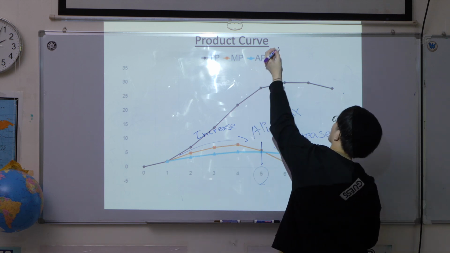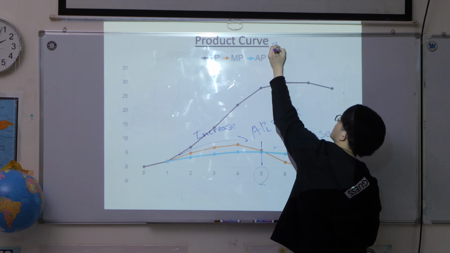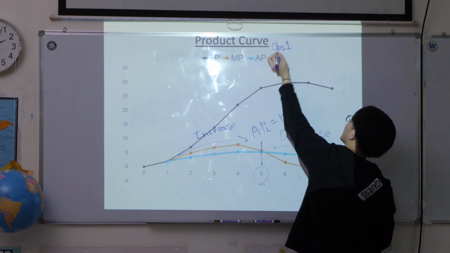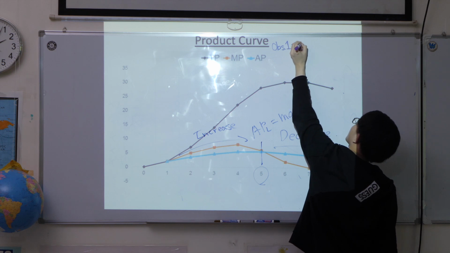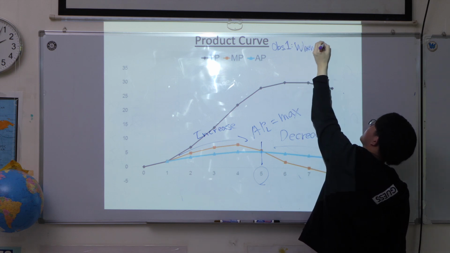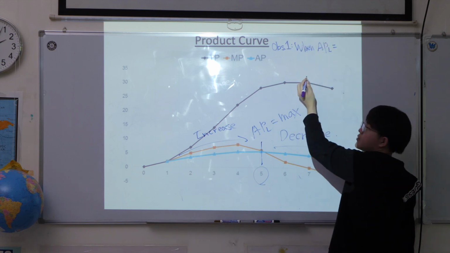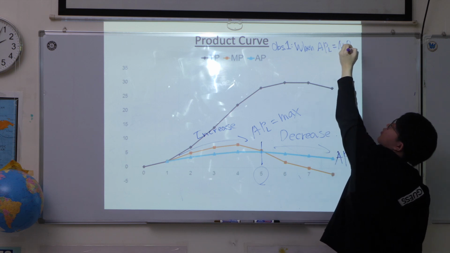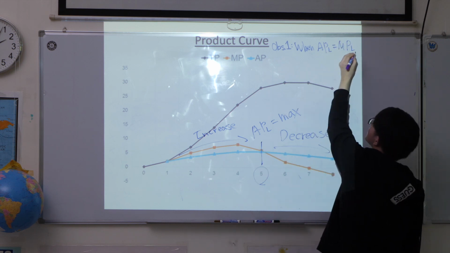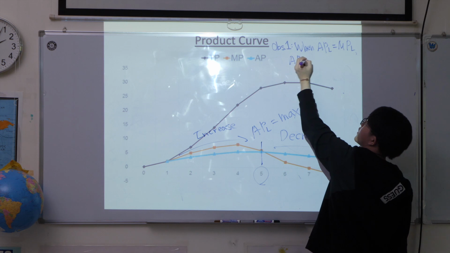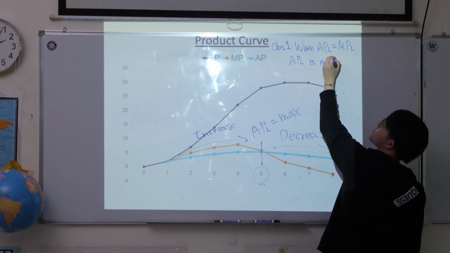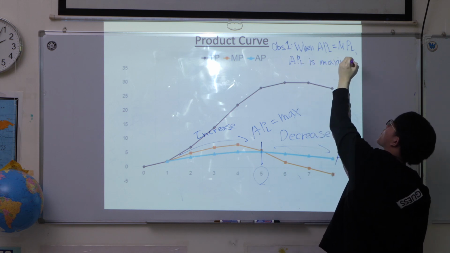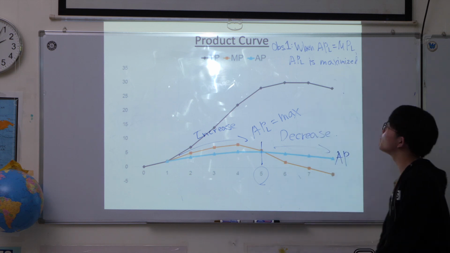So, important observation 1: when APL equals marginal product of labor, or intersects, average product of labor is maximized, or at maximum.